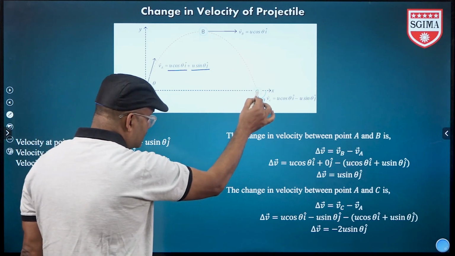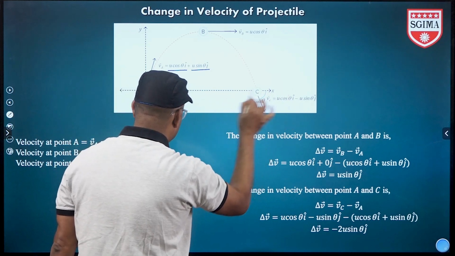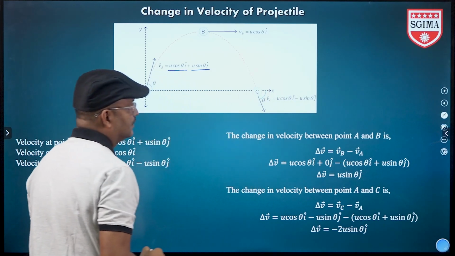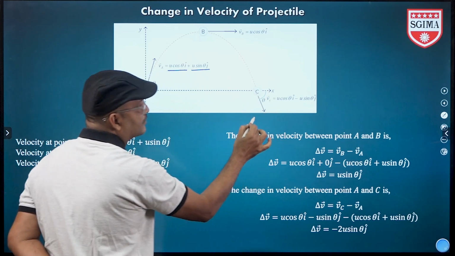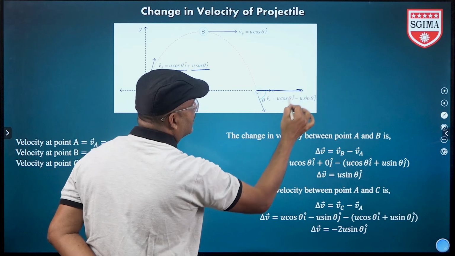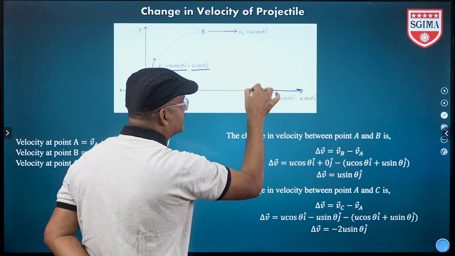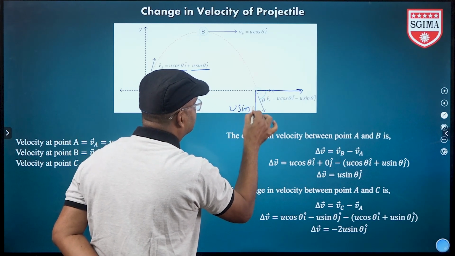But whenever it reaches the plane of projection, the ground, it has horizontal component u cos theta, but vertical component exactly opposite, u sin theta.